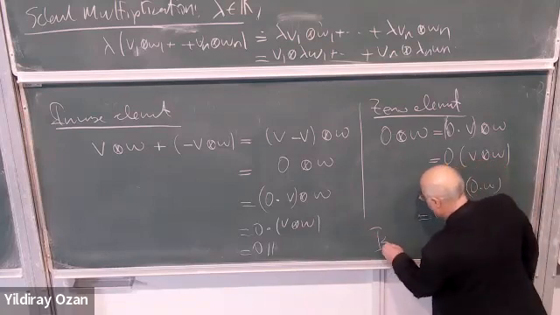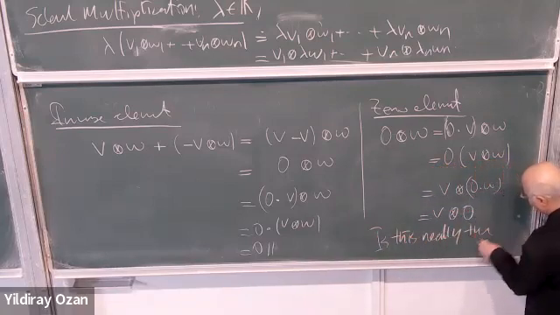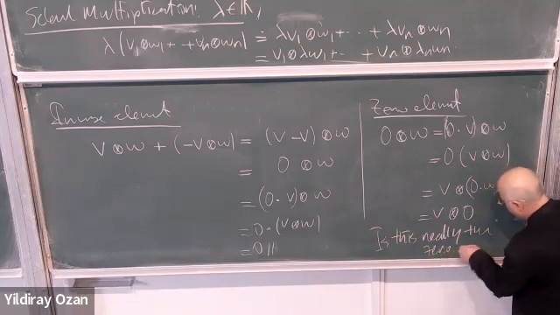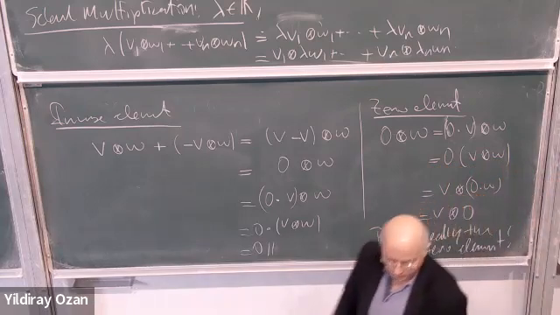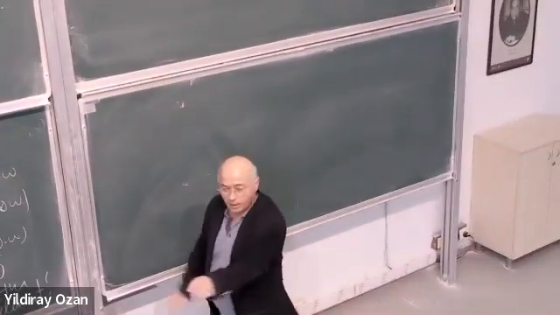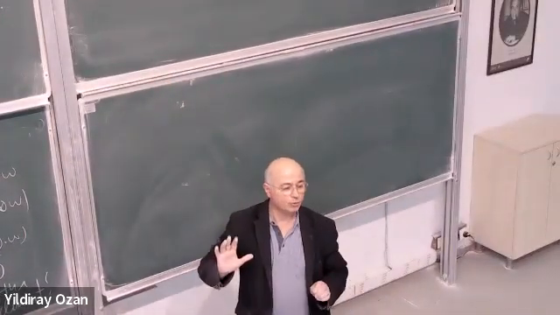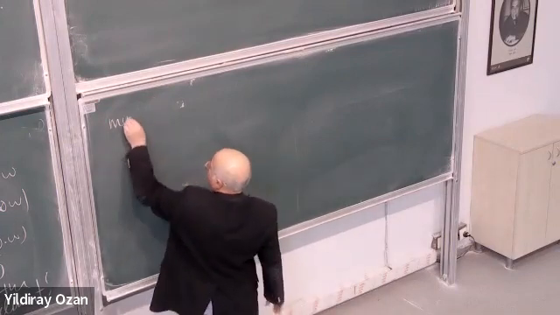Is this really the zero element? Now let's see why it is the zero element. What does the zero element need to do? When I add it to something, it should not change it, right? So we must prove this.